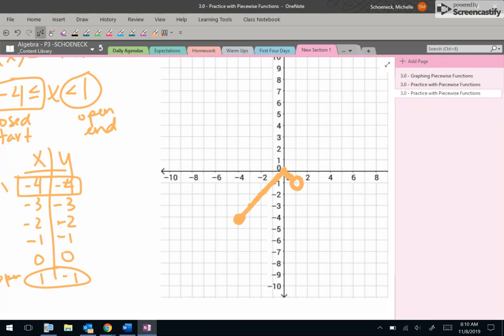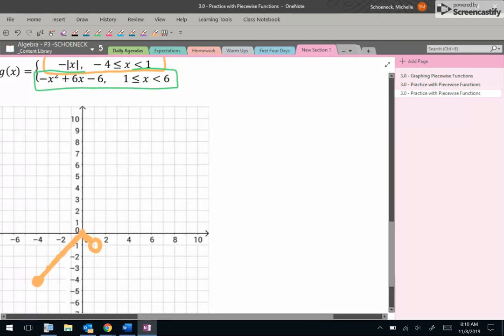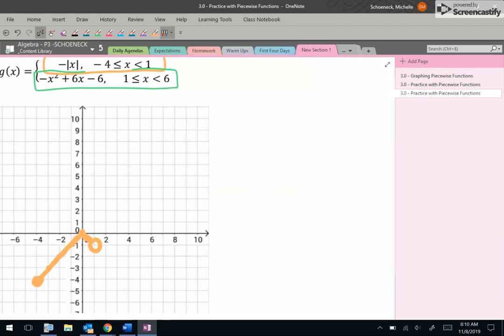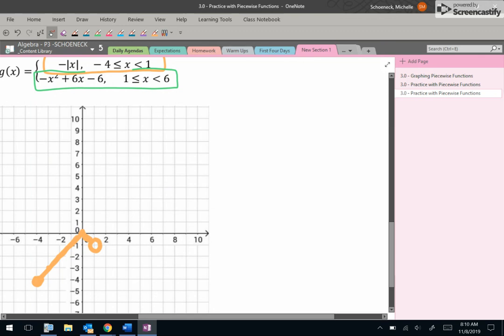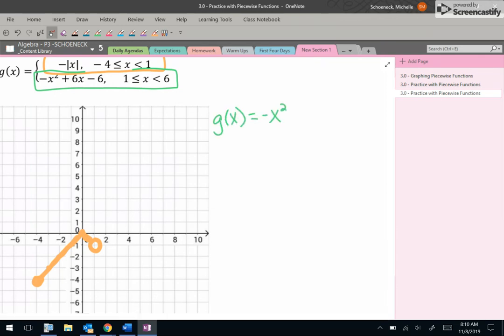Our second piece here is g of x equals negative x squared plus 6x minus 6 from 1 is less than or equal to x is less than 6.